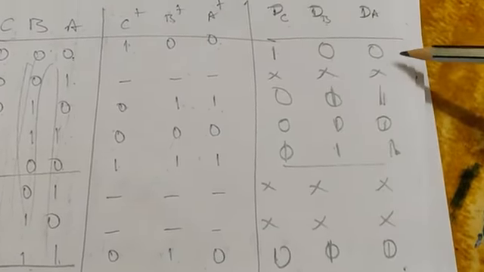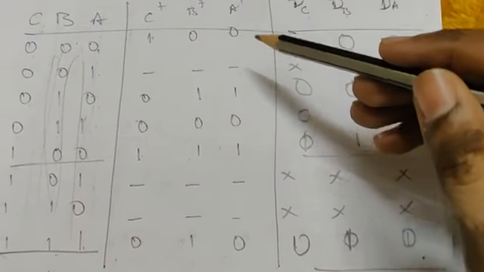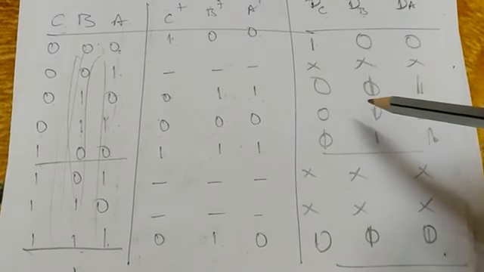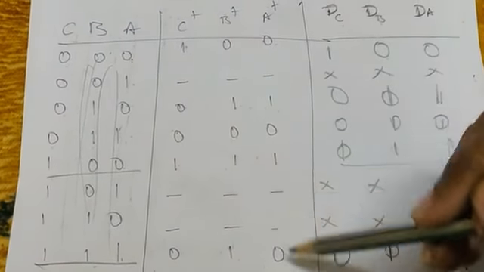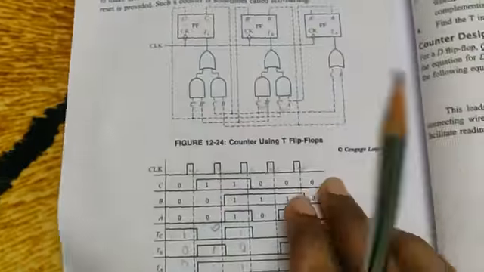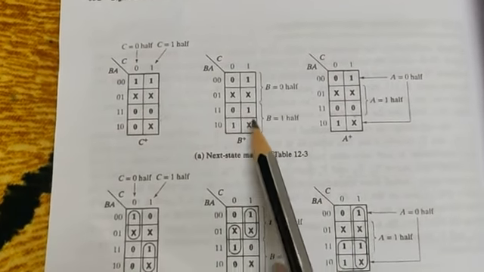Now construct the K-map for this column, this column, and this column. Both are the same now. So you are supposed to construct the K-map for these three columns. Here they are written. This is the next state, with respect to this table.